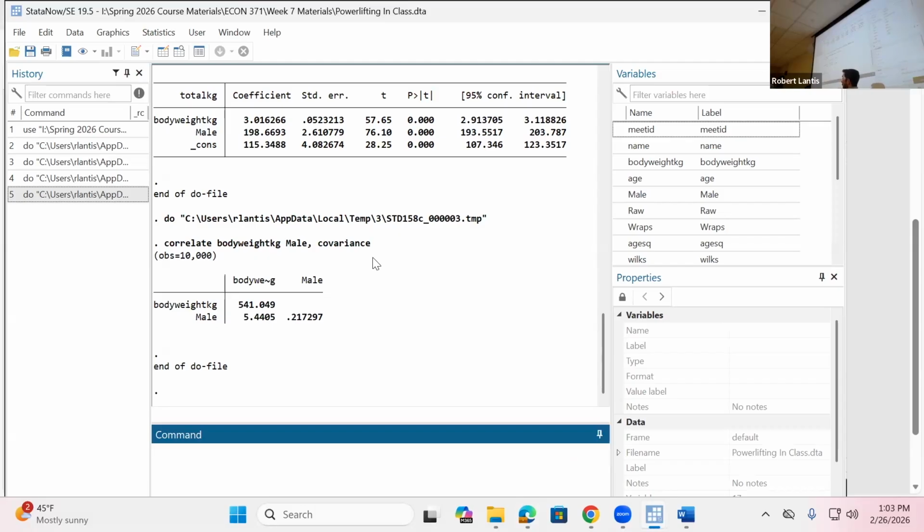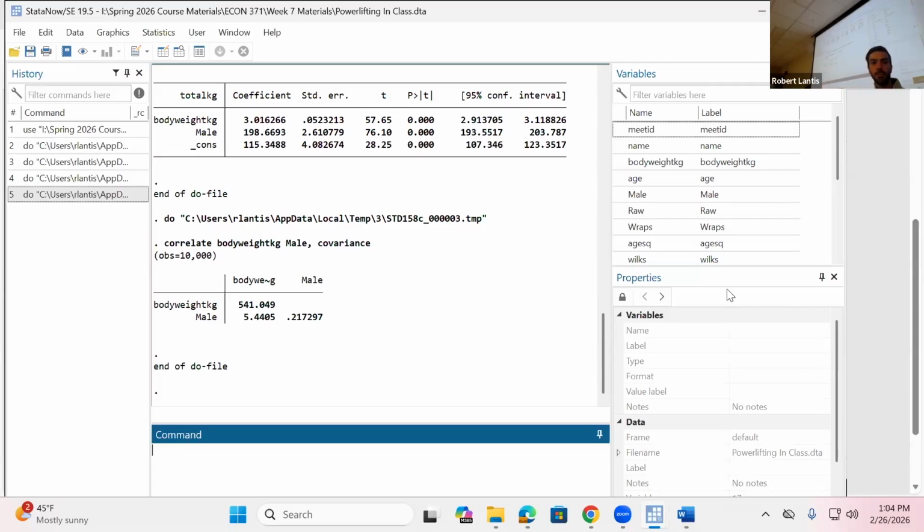So if I want the covariance between body weight and male, that value is 5.4. What is the variance on the variable that I included that wasn't this omitted variable I was worried about? Well, the original variable I had in that regression was body weight, right? So I'd want to be using this value as the variance of the variable I did include, if I'm trying to calculate this bias.